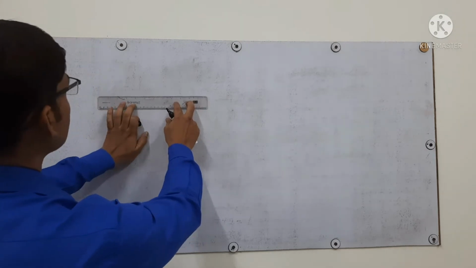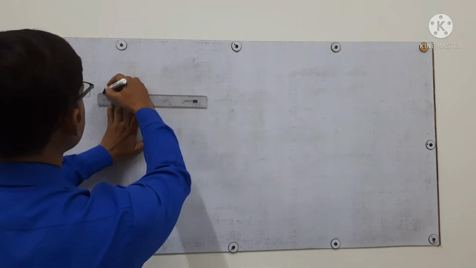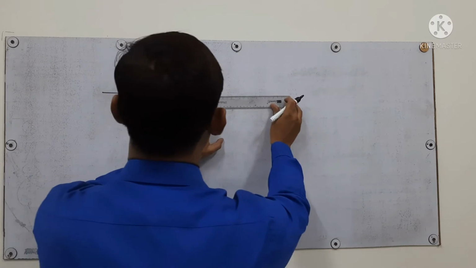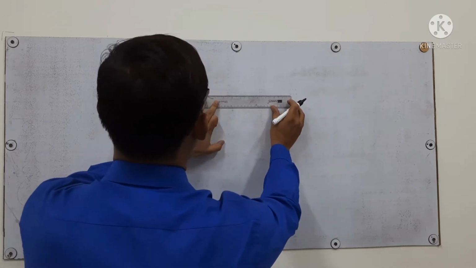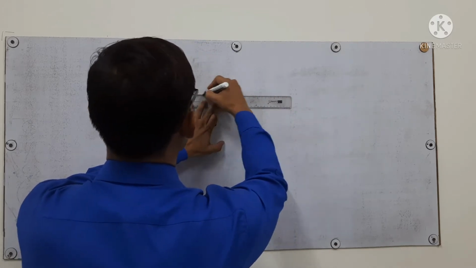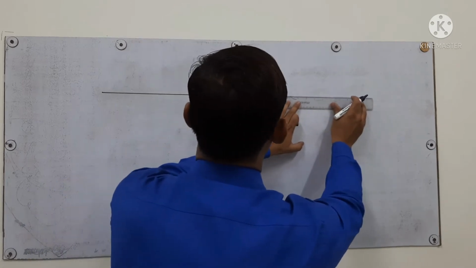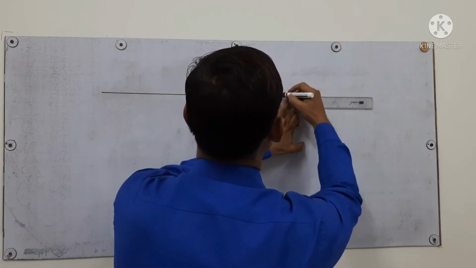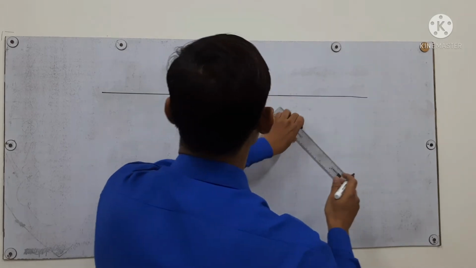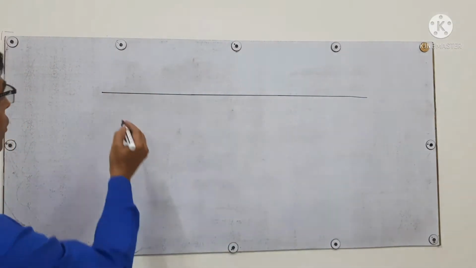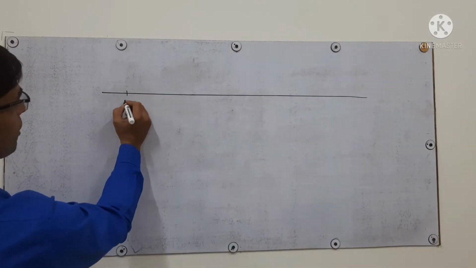Okay, so you also draw a line. So this is a simple line and now we will mark some alphabets on it.